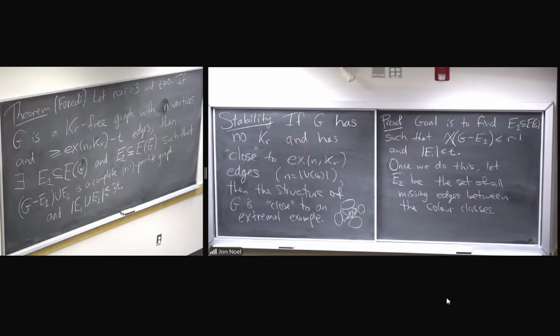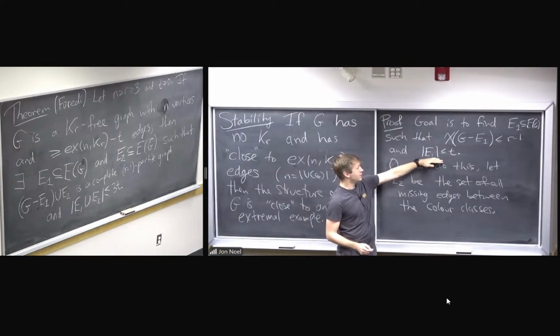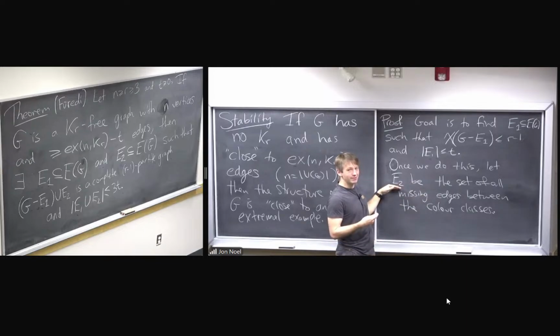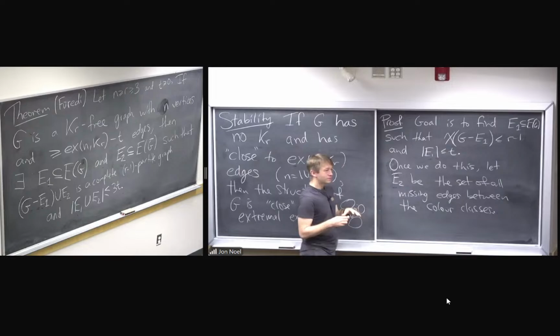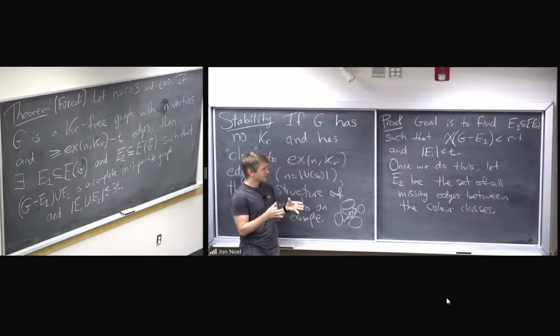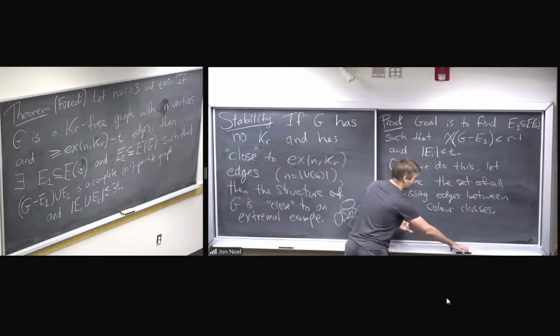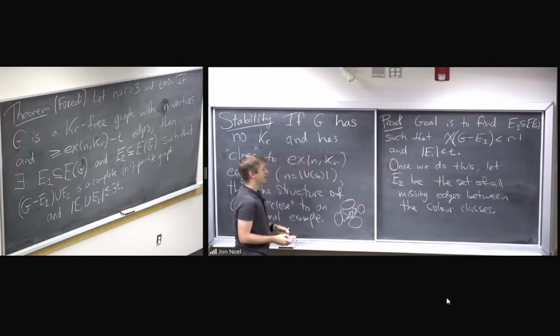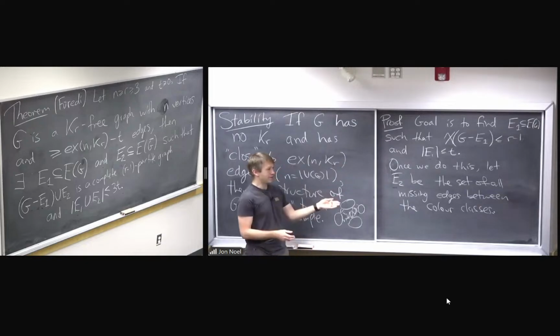Okay. So I claim that if I manage to do this, where E1 has size at most t, this E2 is going to be guaranteed to have size at most 2t. The reason is as follows. When we started, how many edges did we have? The extremal number minus t.